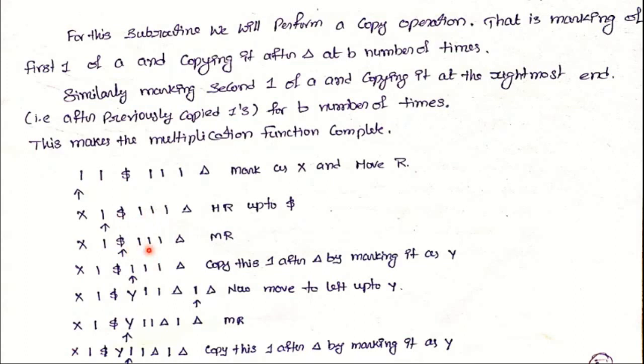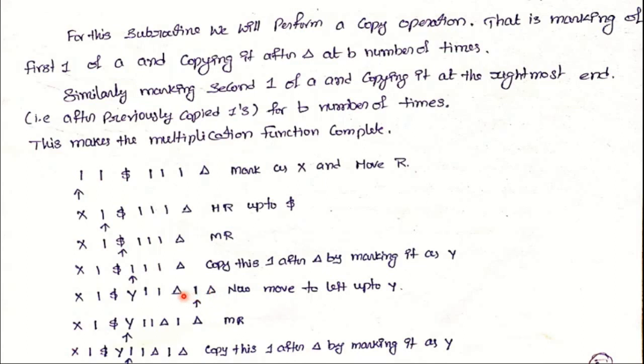Whenever we reach the B variable, that means after dollar, the first input symbol can be marked as some external symbol and move right up to the end of the input tape and copy that particular one here.